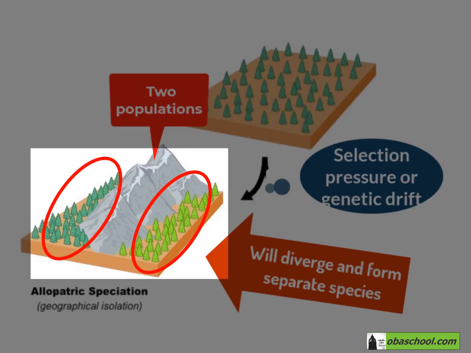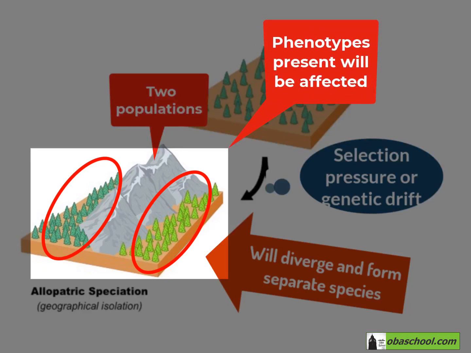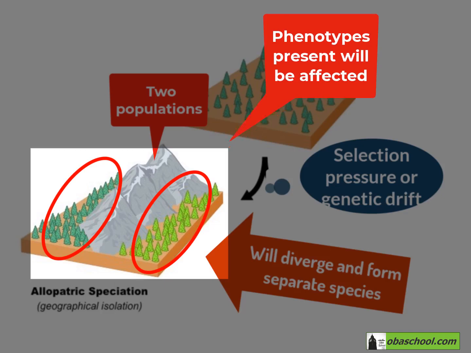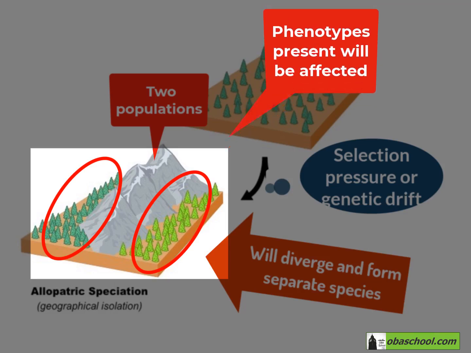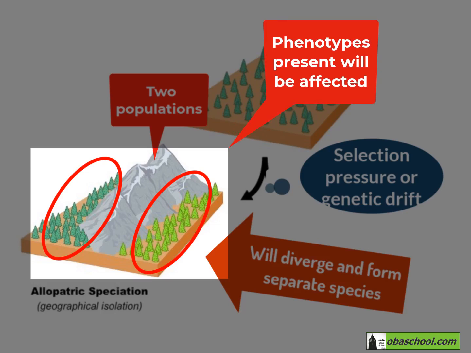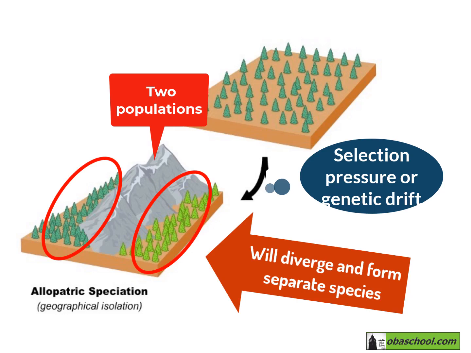In other words, the changes in the alleles or the genes of each population will affect the phenotypes present in both populations, and over time the two populations may begin to differ physiologically and morphologically, or structurally. And this is what is meant by allopatric speciation.